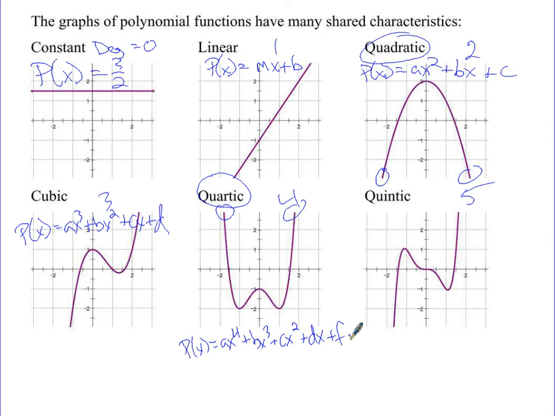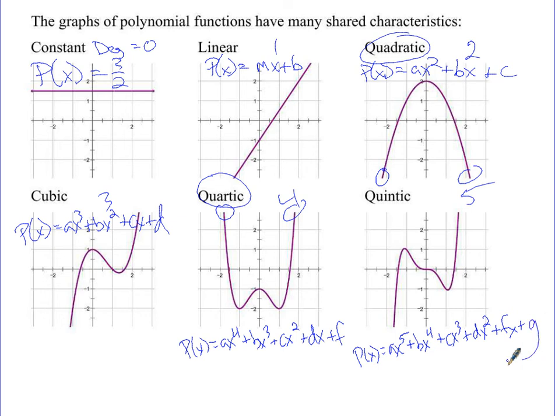Quintic. P of x equals ax to the fifth plus, yep, good, fx plus g.